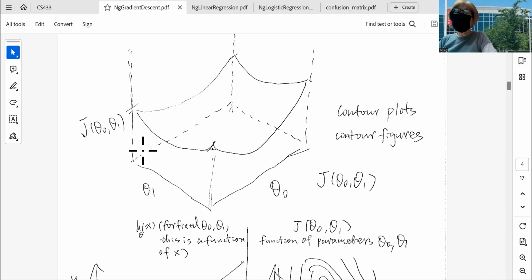So the relationship between the cost and the weight, you can see it's a bowl. It's in 3 dimensions, a bowl. Okay, and you want to find the lowest point. So you find the weight that will give the lowest cost function.